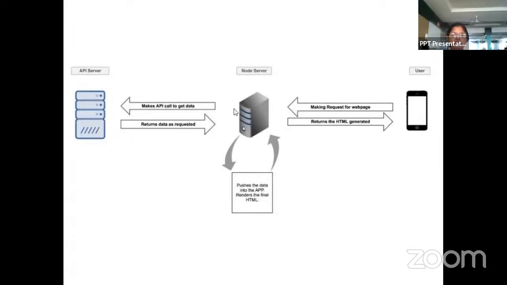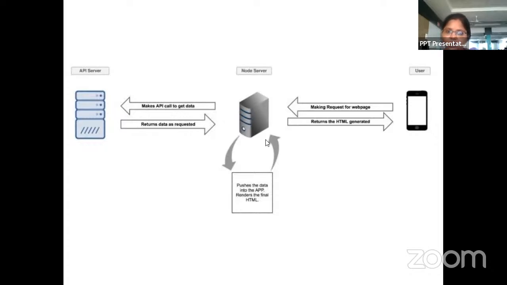As I told you earlier, for today's example we are going to implement a Node server, and in that we are going to use Express.js in order to achieve server-side rendering. Whenever there is a request, usually a data request or a request for your web page, it approaches the Node server, and then it makes an API call to get the data we have written in our request, and then it returns the data as requested.